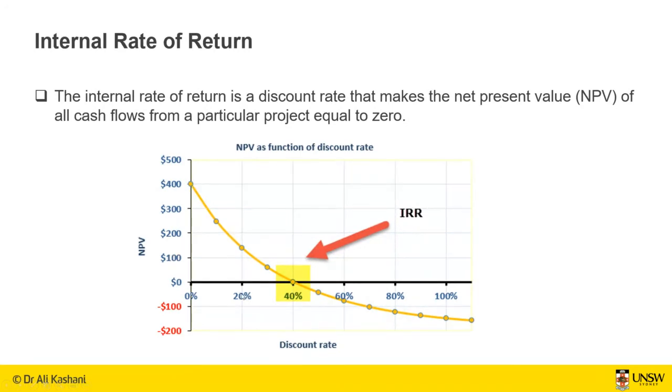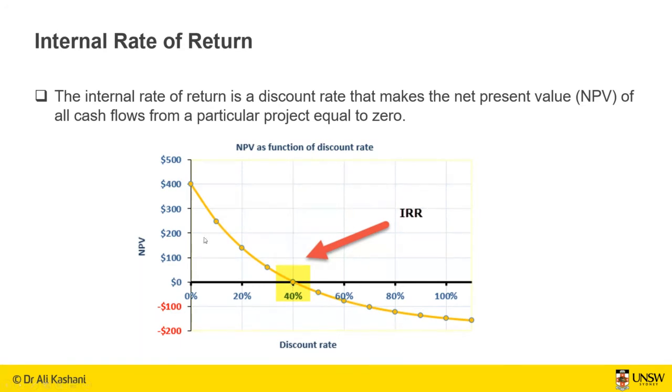If you got 20%, your net present value is going to be around $150. And at 40%, your net present value is going to be 0, which means that if your discount rate is higher than 40%, which is not common, then definitely you're going to lose money by doing this project. So it's not a good option.